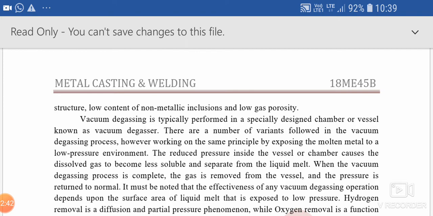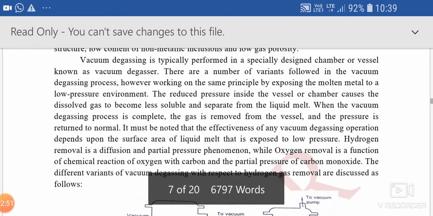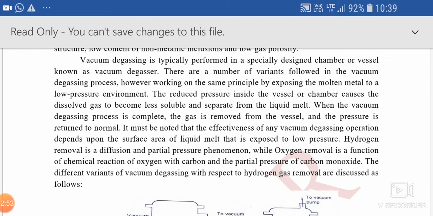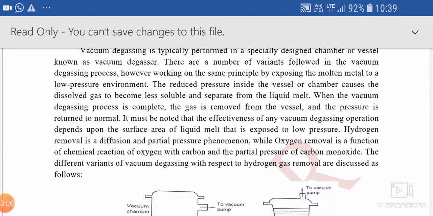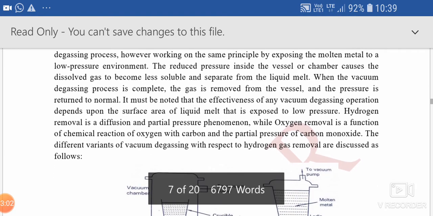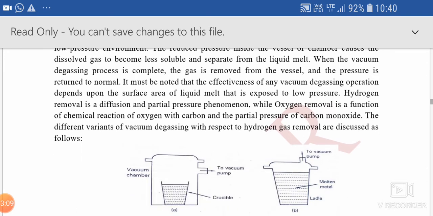Vacuum degassing is typically performed in a specially designed chamber known as a vacuum degasser. There are a number of variants of the vacuum degassing process, all working on the same principle of exposing the molten metal to a low pressure environment or vacuum. The reduced pressure inside the vessel or chamber causes the dissolved gases to become less soluble and separate from the liquid melt.